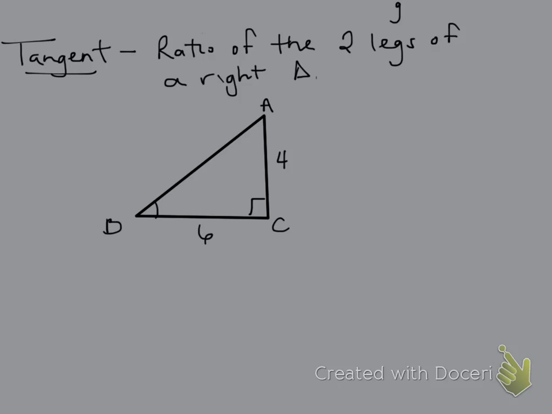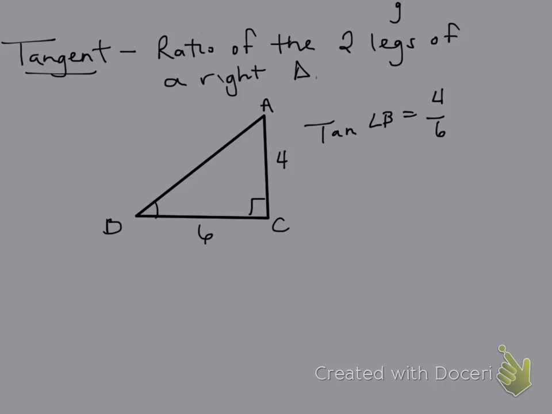So, with that in mind, if we're looking at this triangle ABC here, if I was going to find the tangent of angle B, the tangent of angle B is going to be equal to 4 over 6.